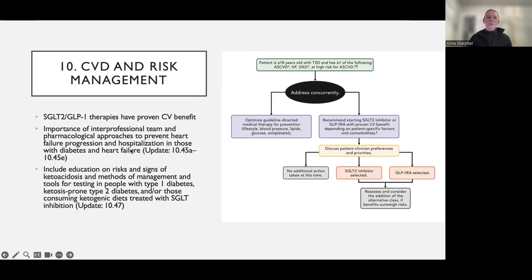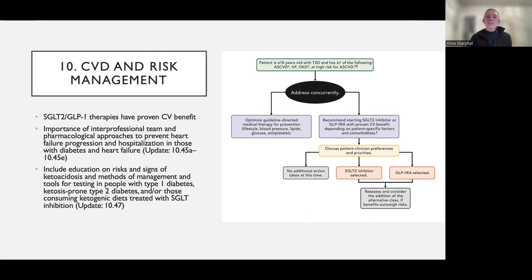And looking a little bit more, SGLT2Is and GLP-1s are great therapies to reduce cardiovascular disease risk. And so they kind of talk about that here in this flow chart. But patients who have diabetes and any one of the following, ASCVD, heart failure, or are at high risk for ASCVD, more than likely will qualify for an SGLT2 or a GLP-1, and specifically the ones with proven cardiovascular benefit.